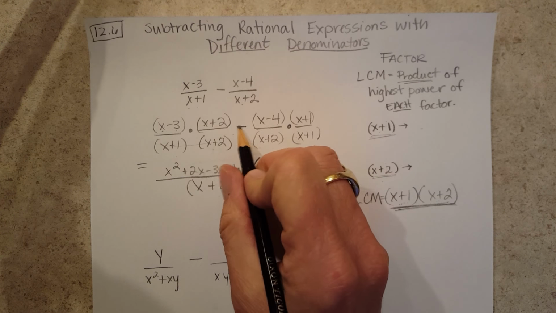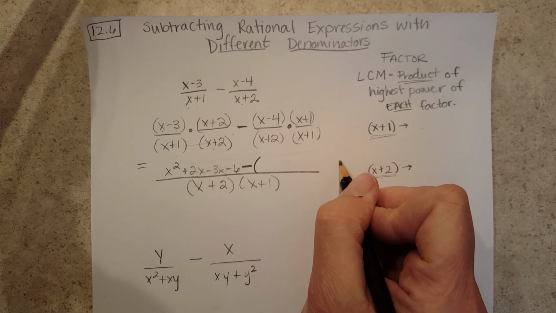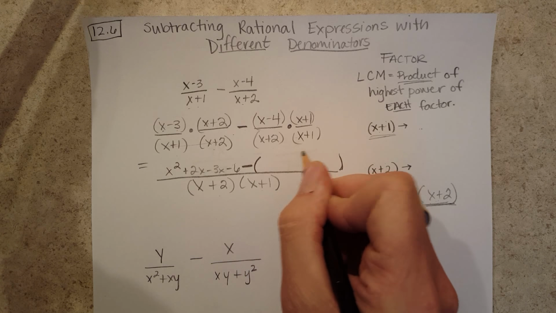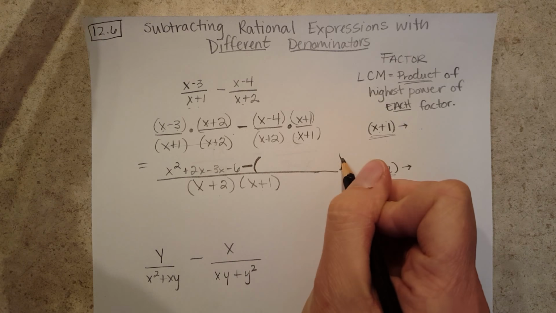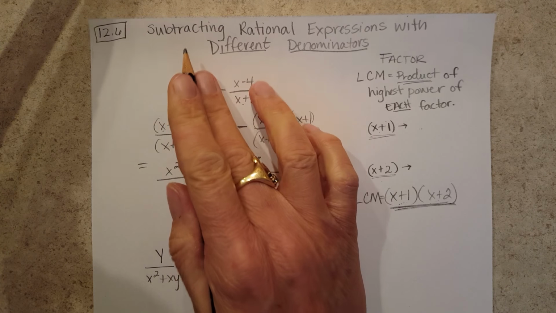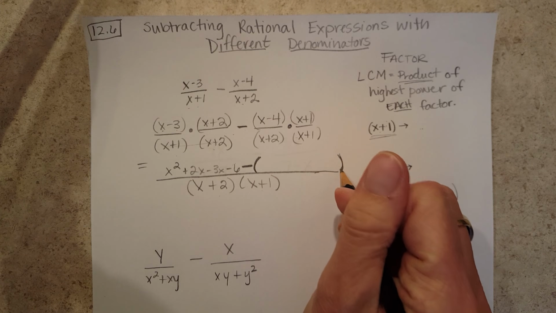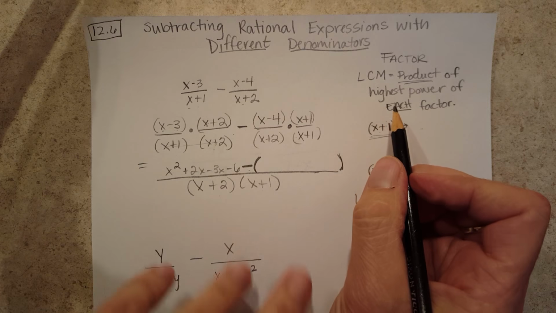Everything after this whole thing is subtracted, so you have to put parentheses here because that negative is going to distribute to everything in there. This is the only difference that we have with subtracting rational expressions: these parentheses have to be there. Otherwise, you're going to forget to distribute that to the others.